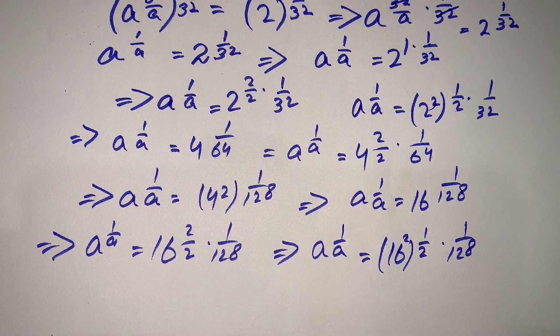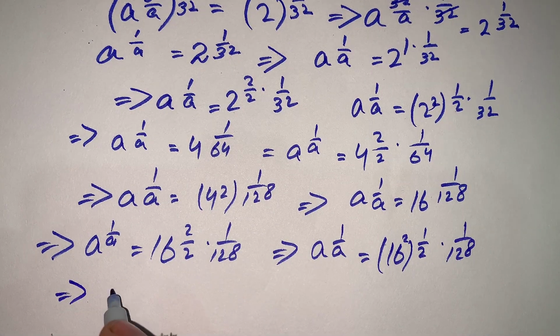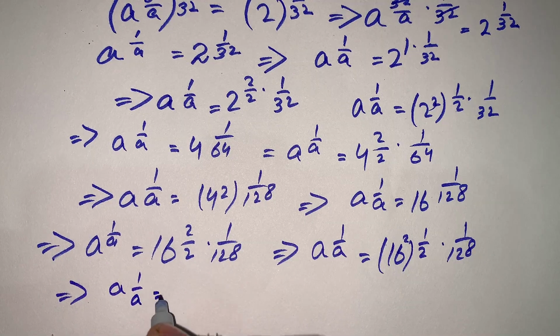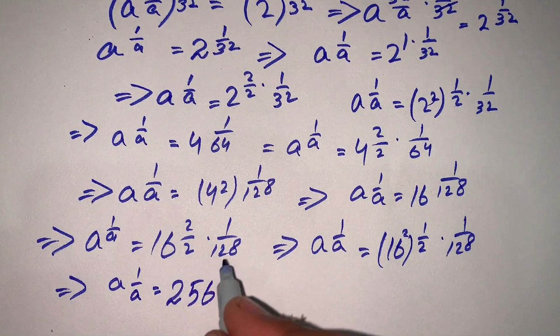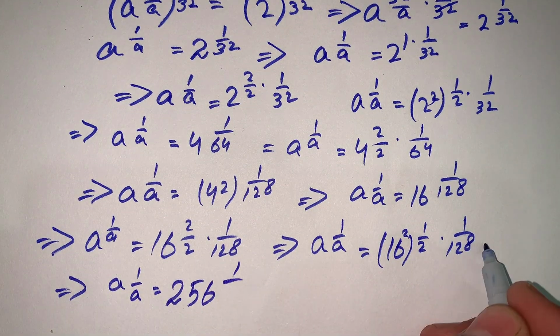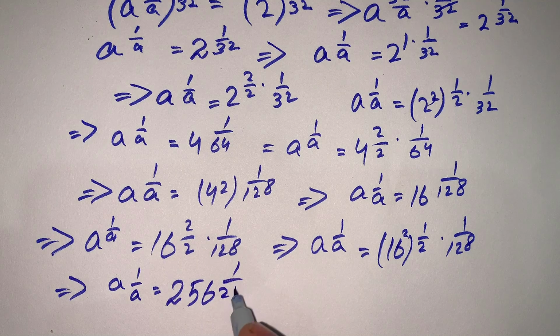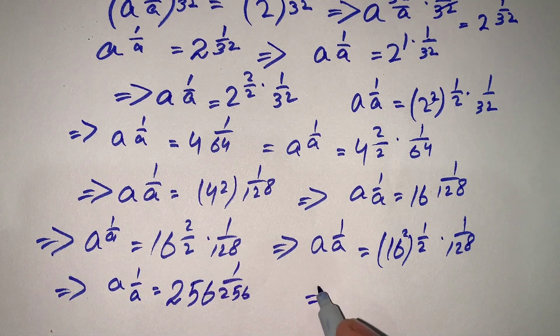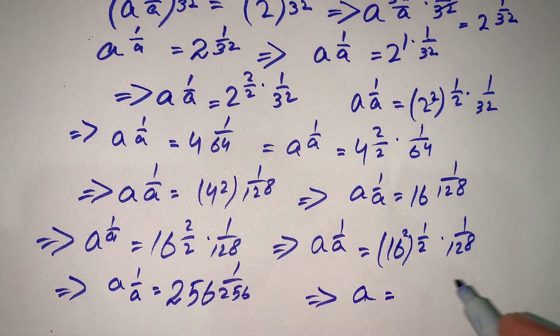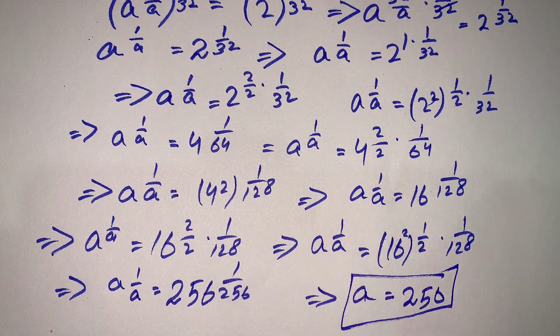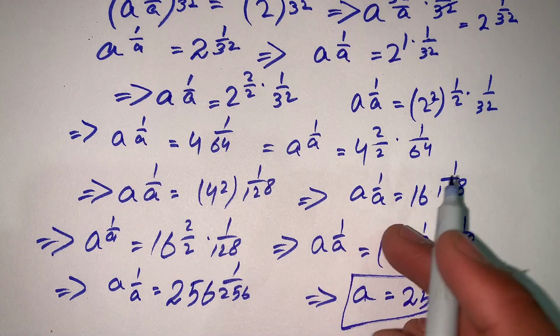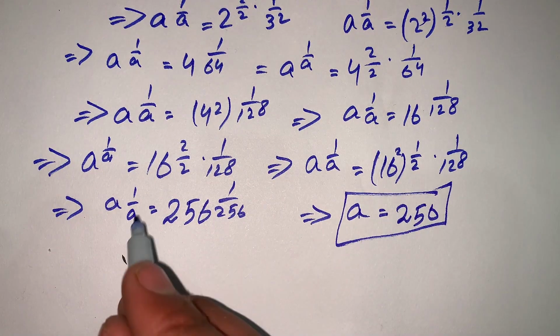So a to the power 1 divided by a is equal to 256, 16 square is 256, to the power 1 divided by 128 multiplied by 2 is 256, and then a is equal to 256. This is the answer of our mathematical problem.